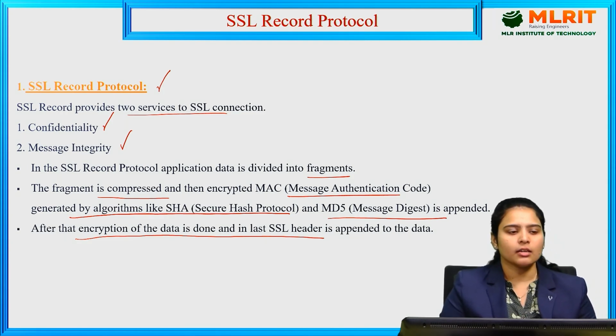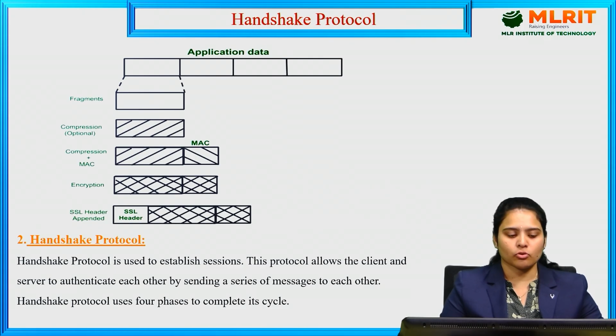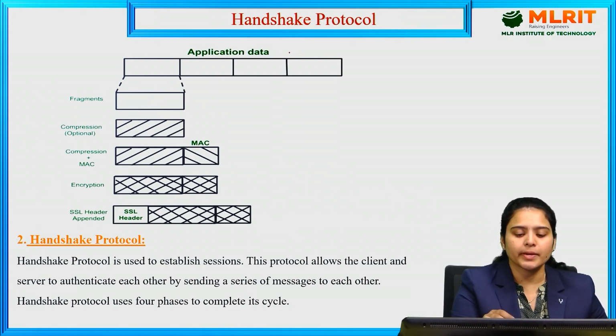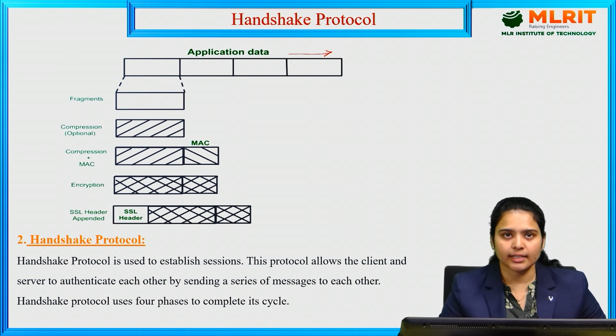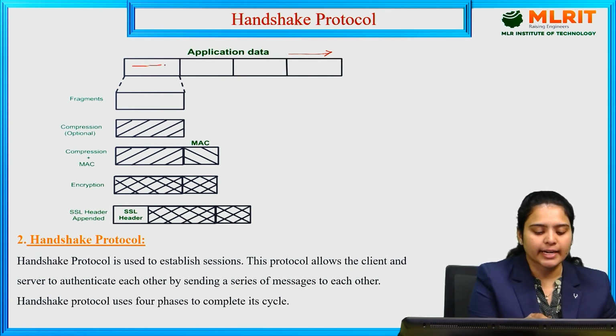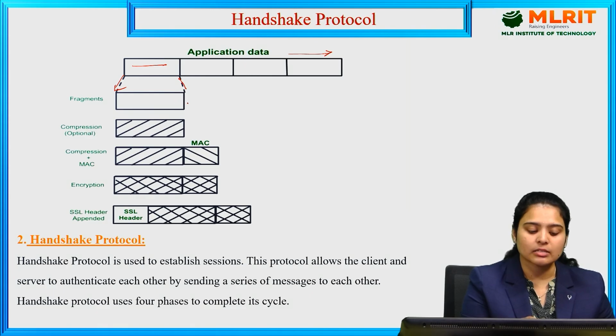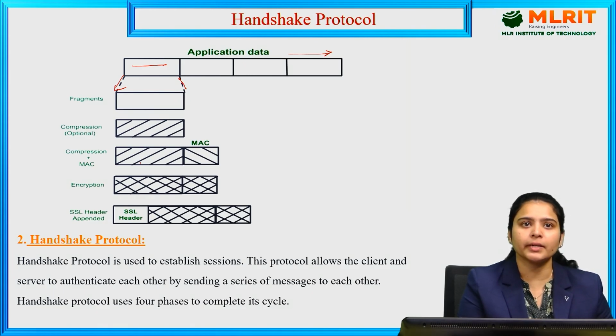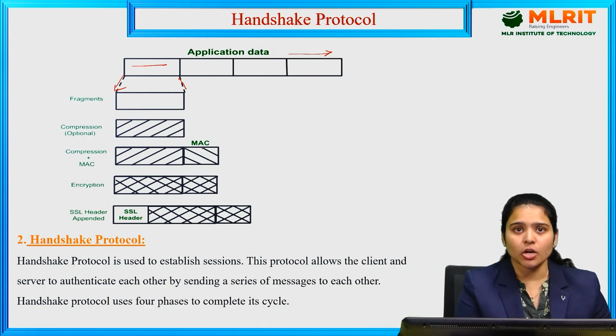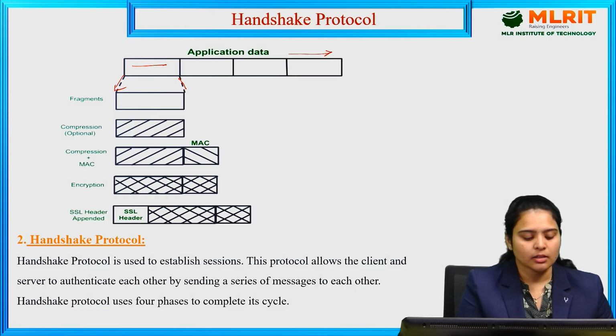We can see an example of the SSL record protocol. Firstly, there is the application data. This application data is divided into fragments. The fragments are then compressed, and both compression and the message authentication code are applied. After both are done, the data goes to the encryption process.